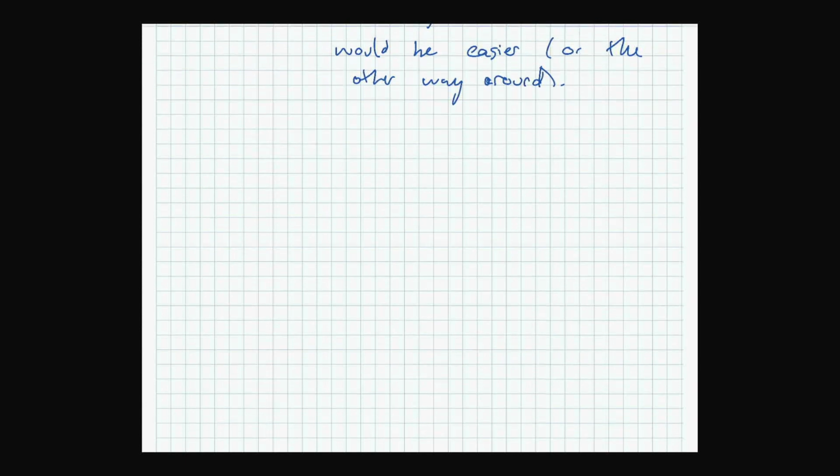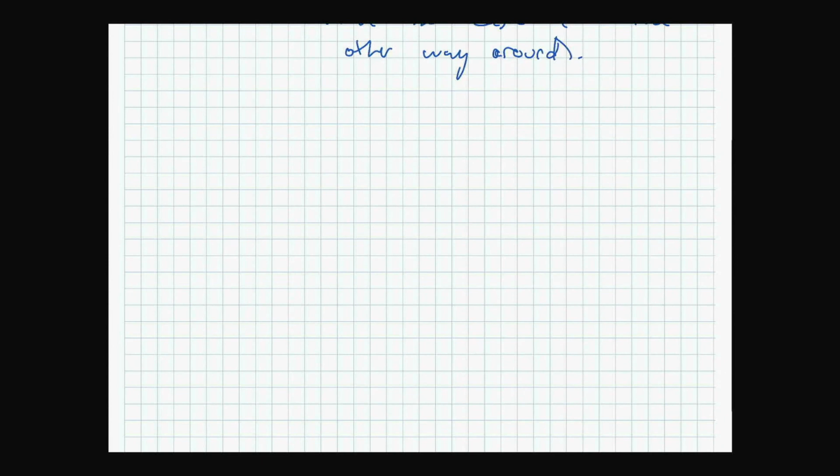Here's an example that they give, and we'll see how to reverse the order. I'm not going to do the integral because we've got more stuff to do. So: 0 to square root 2, 0 to 2 minus x squared, x e to the x squared, dy dx.